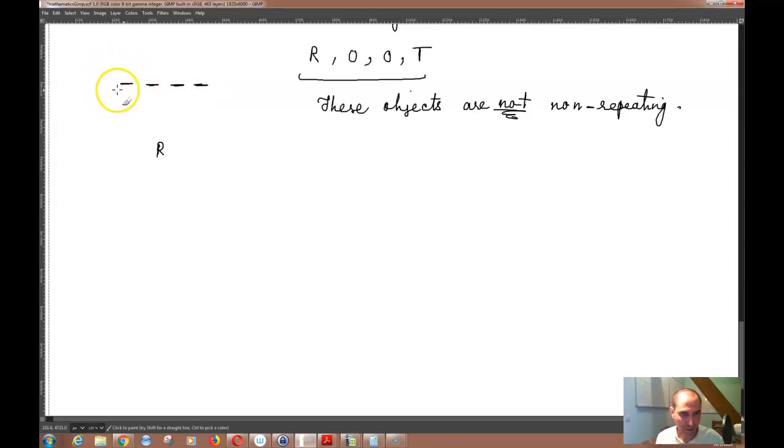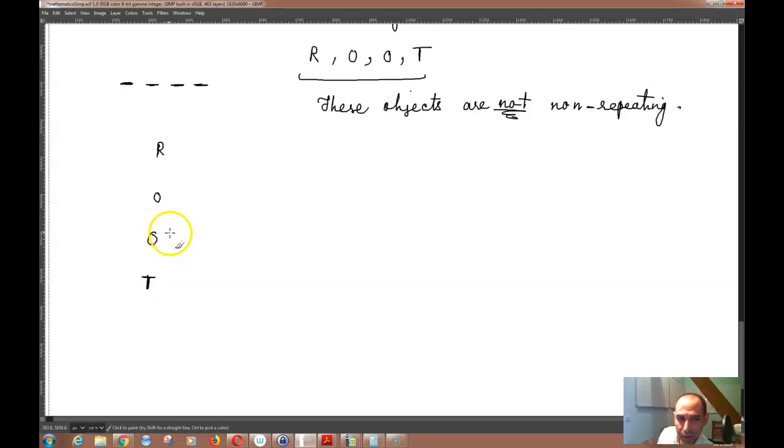So you have the first letter here, the second letter here, the third letter here, and the fourth letter here. For the first letter, you could choose an R, an O, an O, or a T, right?